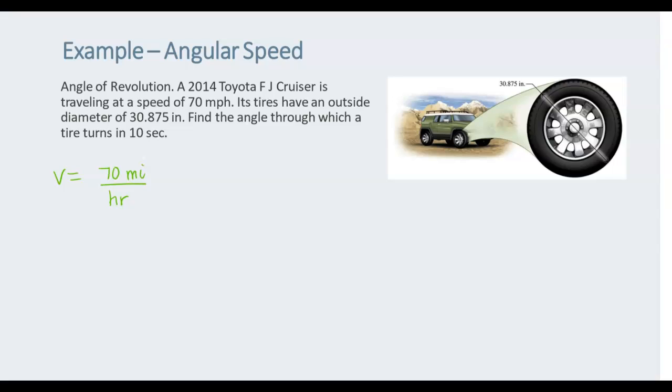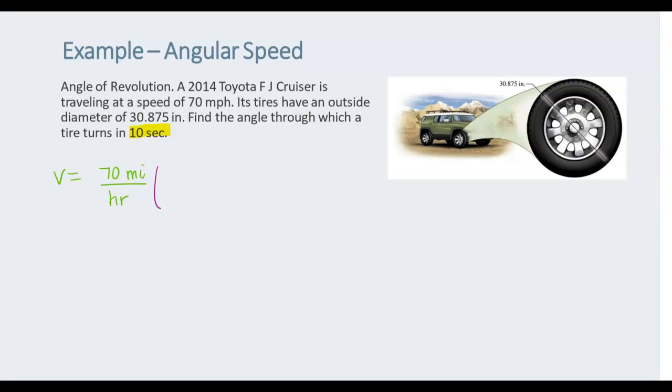The tire measurement that they gave us is in inches, and what they want us to find is in seconds, so we need to do a little bit of math here to change this velocity into feet per second, right? So I'm going to first switch this to feet. So I'll do a conversion here.